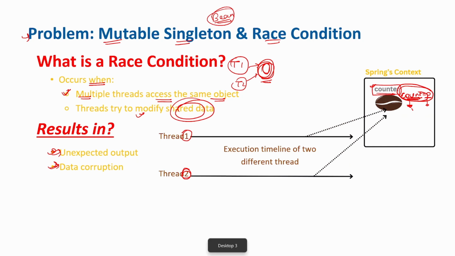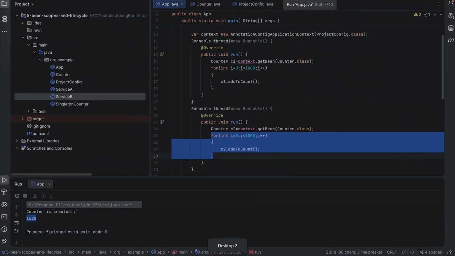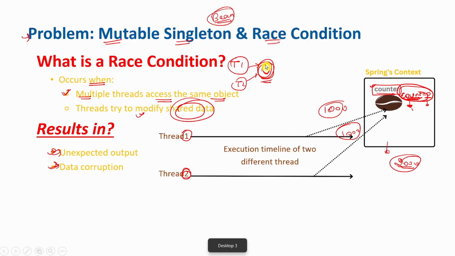So if it works as expected, t1 increments 1000 and t2 increments 1000, so finally the count value should be 2000. But as you can see, we are getting different outputs: 1674, then 1820, then 1857. So why is it happening?